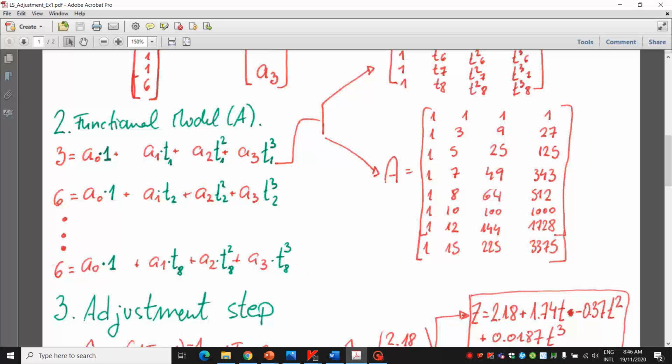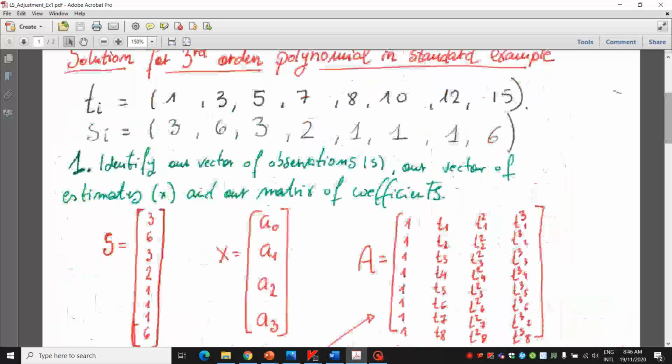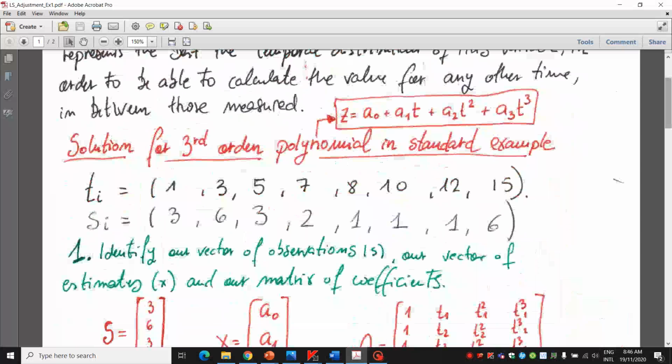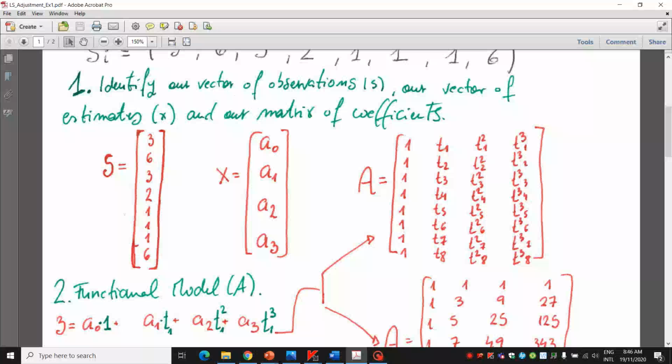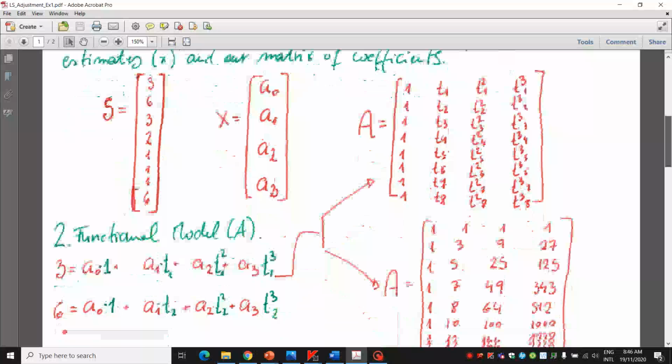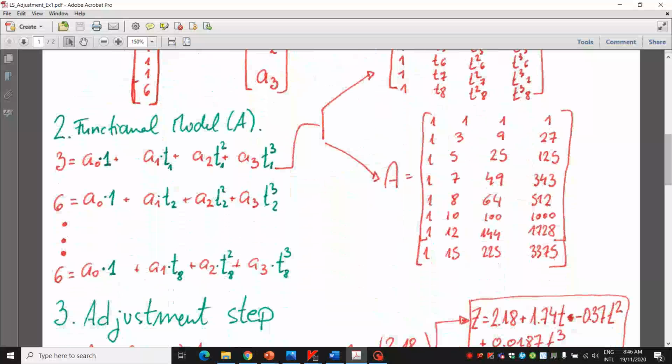So this is 1, 1, 1, and 1 on the formulas. And then we repeat the same process for all the observations, taking the corresponding t value. Then we build our A matrix or coefficient matrix, which is the most important element in this calculation. And this is how we create our functional model.